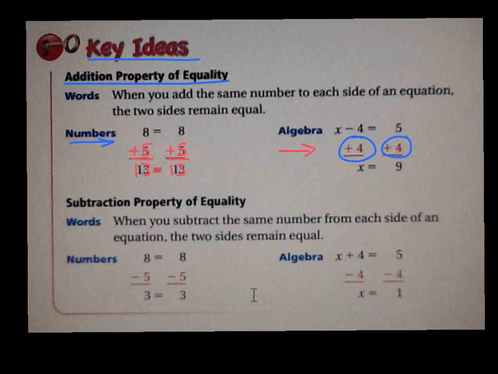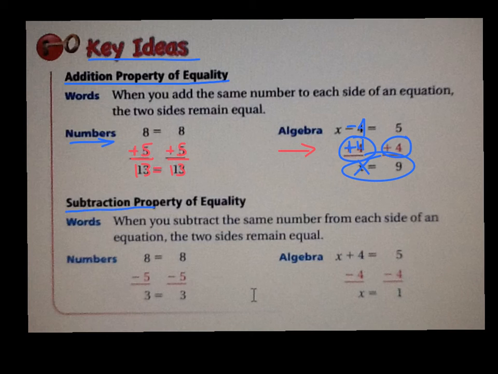So if I add 4 to x minus 4, I end up with just x, because I did the inverse operation of minus 4: add 4, I get 0. So I'm left with x. 5 plus 4 equals 9. So I just rebalanced it in the algebra way.